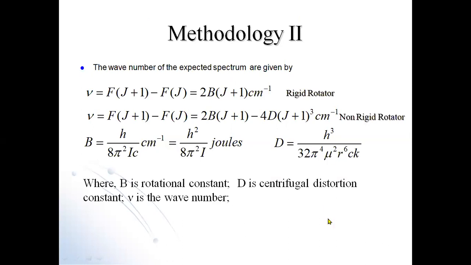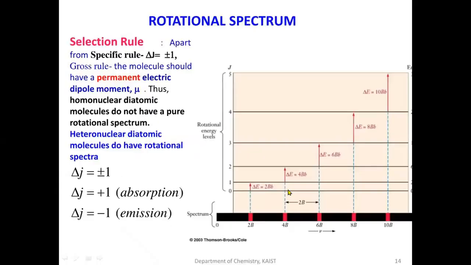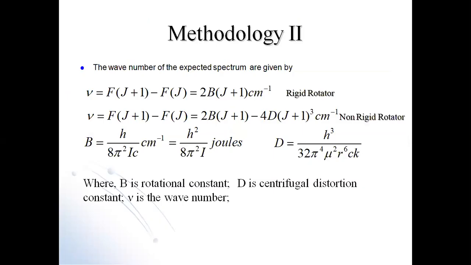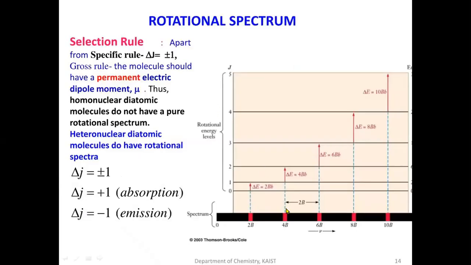If there is a transition from 1 to 2, then you have to take J equal to 1. This is already discussed in your class. So you put J equal to 1 here, 1 plus 1 is 2, so 2 times 2B gives 4B.